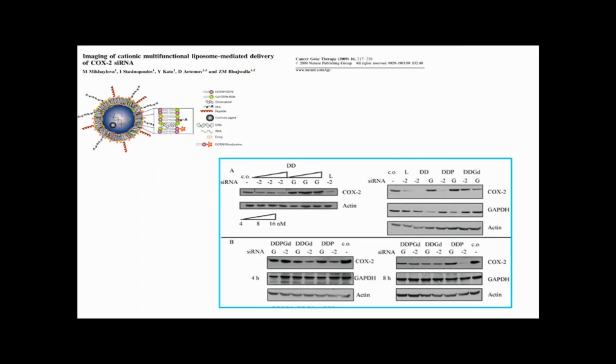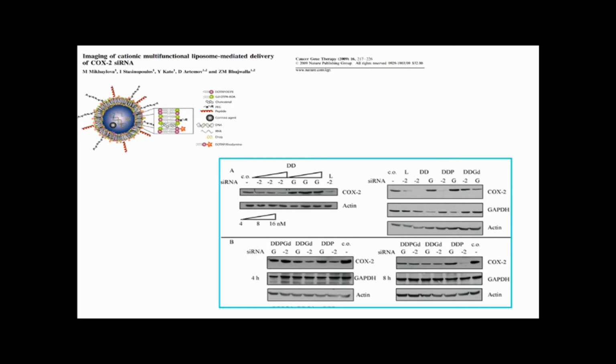Normally, it's fairly straightforward to deliver a liposome containing small interfering RNA to cells, and your message of interest gets downregulated. With COX-2, when we did that, we actually found that COX-2 gets upregulated depending on the composition of the liposomes, because these were decorated with gadolinium or iron oxide.